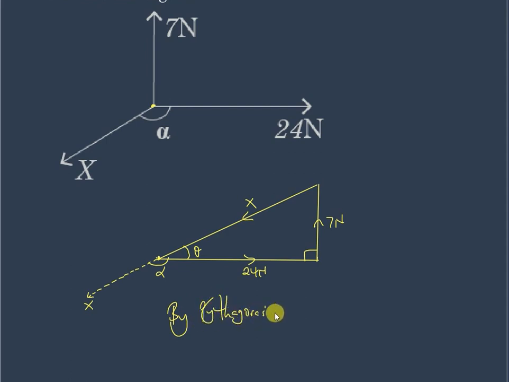By Pythagoras theorem, the sum of the squares of the two short sides is equal to the square of the hypotenuse.